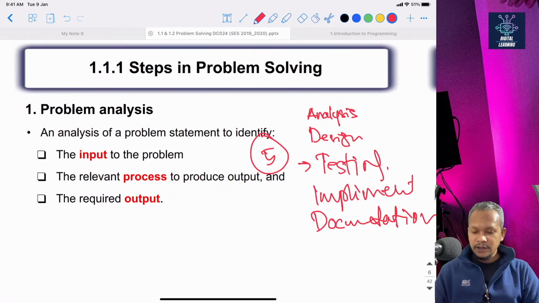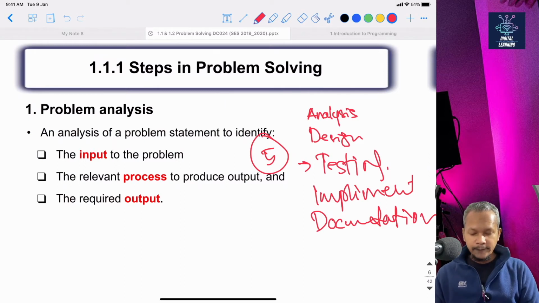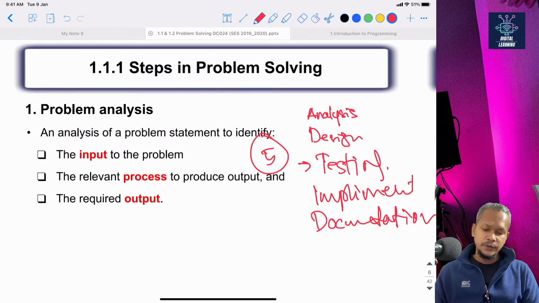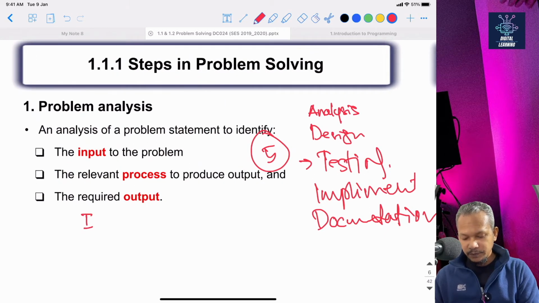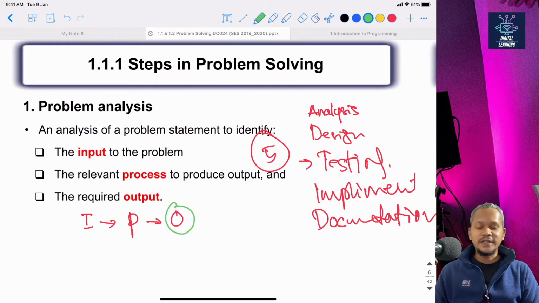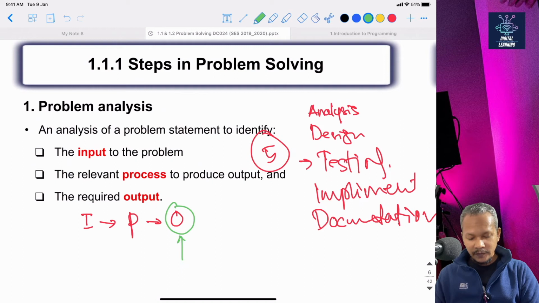So problem analysis is an analysis of the problem statement to identify the input to the problem, the relevant process to produce output, and the required output. Actually, when we read this statement, they start with input, process, and output. But to look at the question easily, we go to the output first.